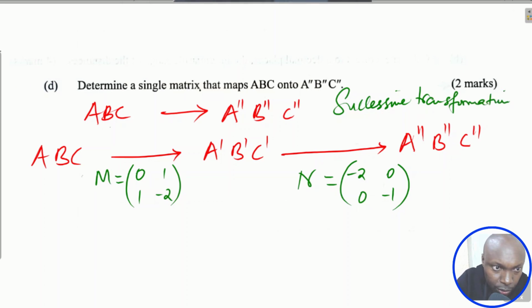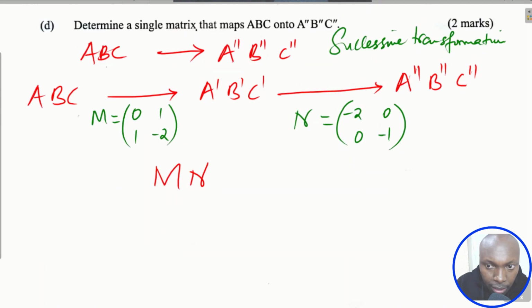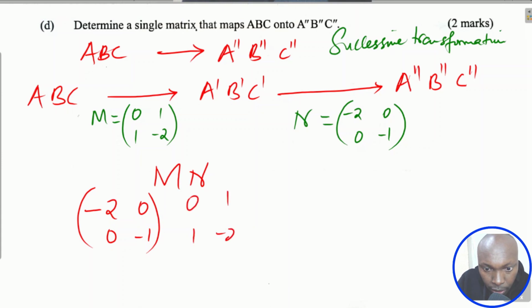This one is a transformation that is represented by M followed by N. For a successive transformation represented by MN, we start with taking the matrix N, then we multiply it with M. So N is negative 2 0, 0 negative 1, then we multiply with M, which is 0 1, 1 negative 2.